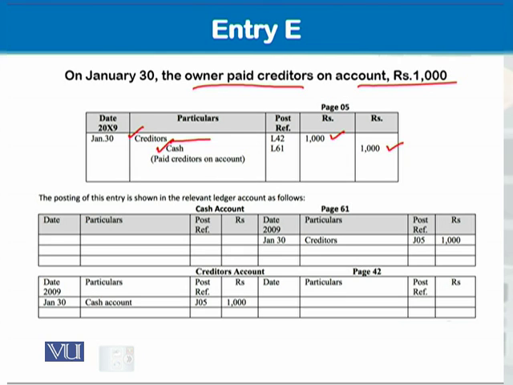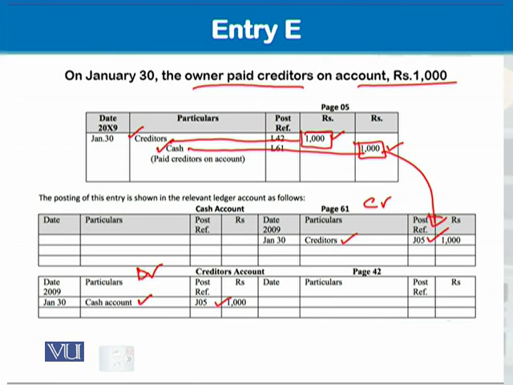So creditor is being debited with 1,000. So in the debit side of the creditor's account, because of cash, we are placing 1,000. And cash is being credited with 1,000. So in the credit side of cash, we are placing this 1,000 and the reason is creditor.